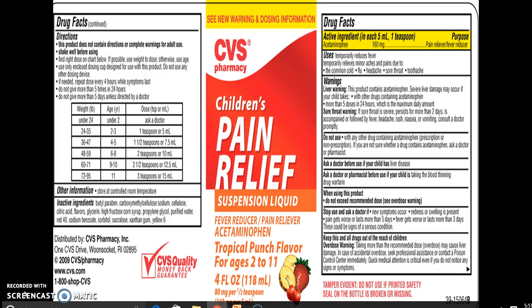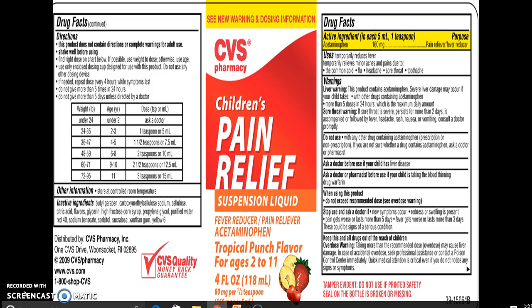Again, this is an over-the-counter medication by CVS, a generic brand. Children's pain relief suspension liquid, and it contains the active ingredient of acetaminophen for fever reduction and as a pain reliever. I want you to go to the comment to the left and take a look at it, and we're going to go over this very carefully.